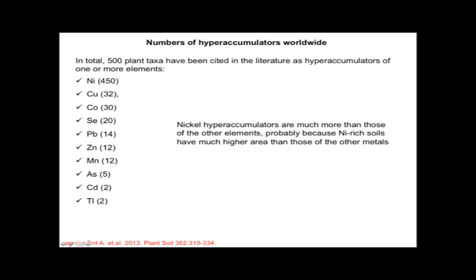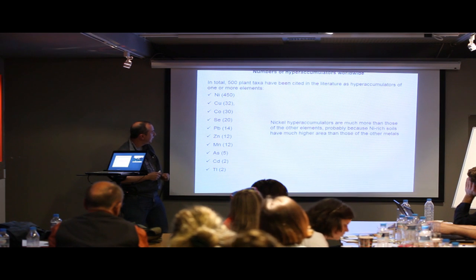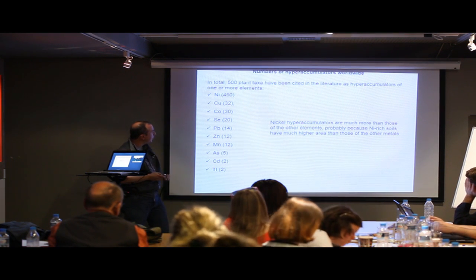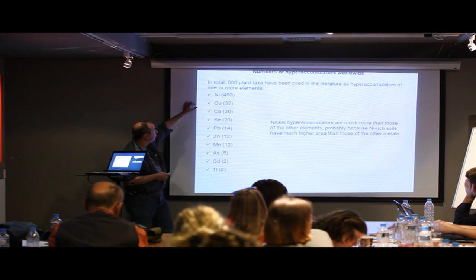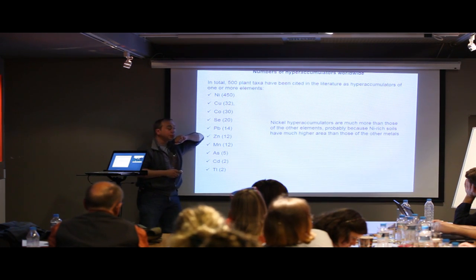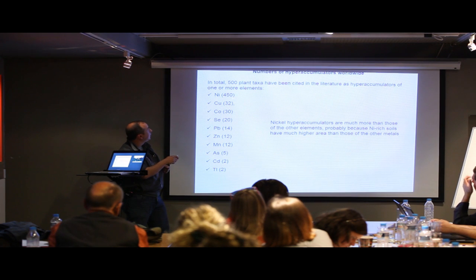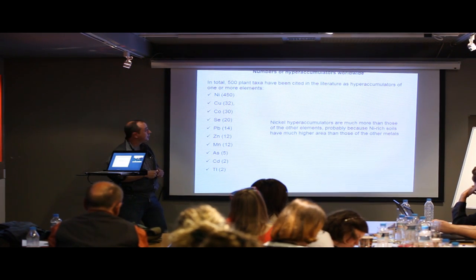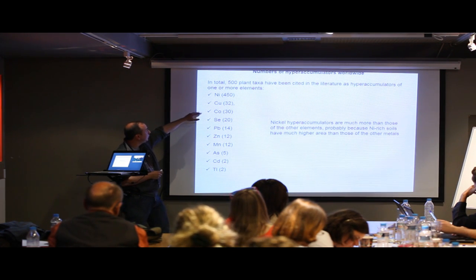For copper it is 32, for cobalt 30, selenium 20, and here the numbers are going lower. So we see that most of the plants found hyperaccumulating, 450 from the 500 plant taxa, are hyperaccumulating nickel.